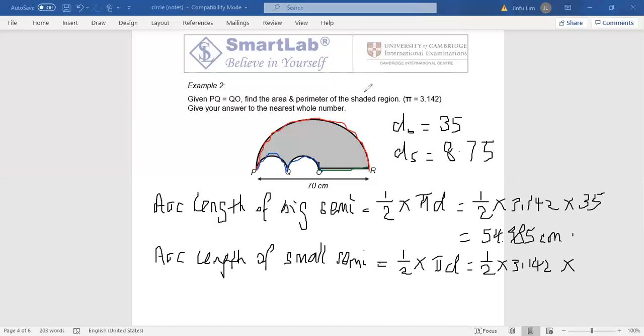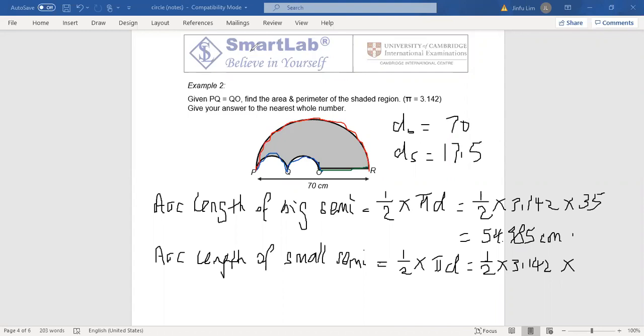The diameter over here just now, for the big semicircle, is supposed to be 70, and the diameter of the small semicircle is 17.5.